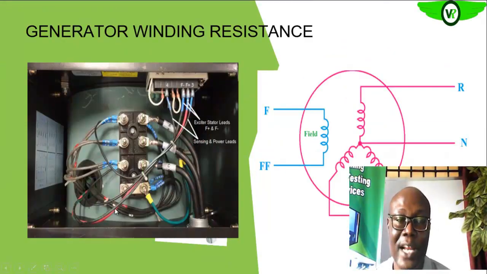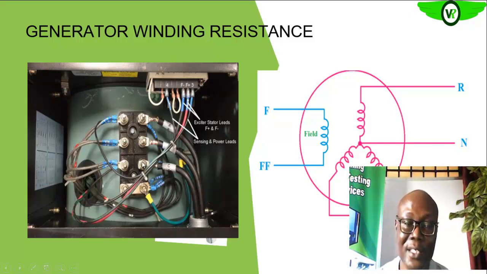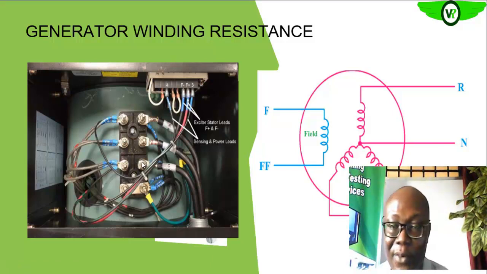So if you can access the terminal block like this, we can disconnect the star point, which is this point, and then test the resistances of each of the windings. There is basically no need for that because the neutral point is out here already.